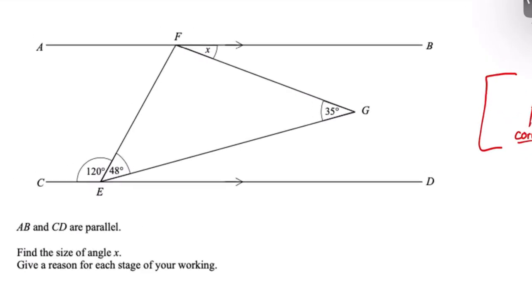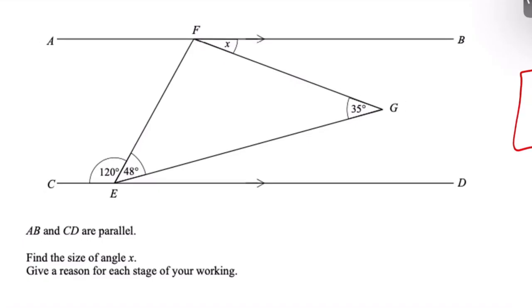So if we continue going through this exam question, it says AB and CD are parallel. It says find the size of angle X. Angle X is over here. And it says give a reason for each stage of your working. So in order to work out angle X, we're going to need to know this angle over here, and we're going to need to know this angle.